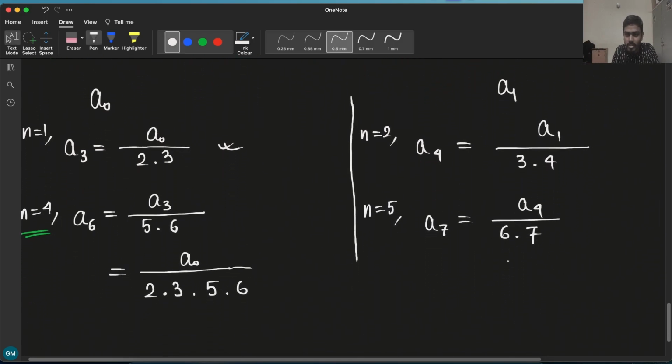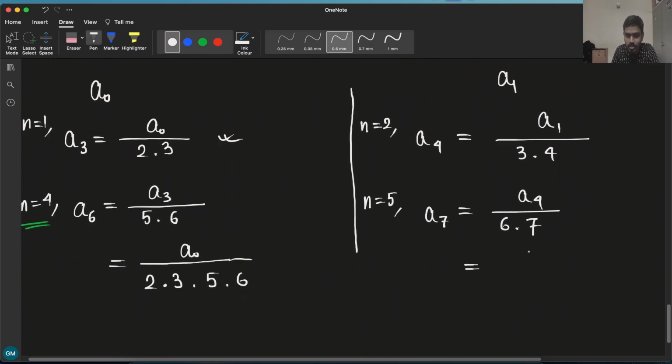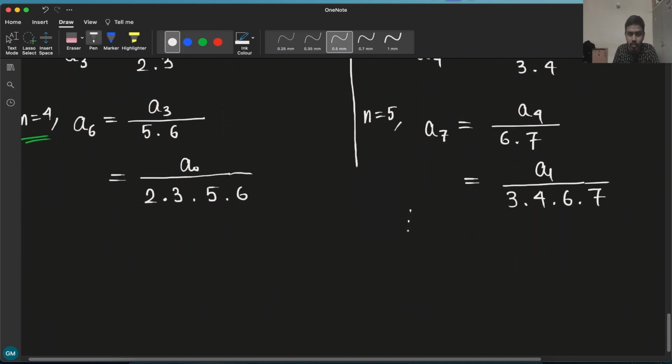We know what A4 is, so we can write it as A1 divided by 3 times 4 times 6 times 7, and this is how we can proceed.